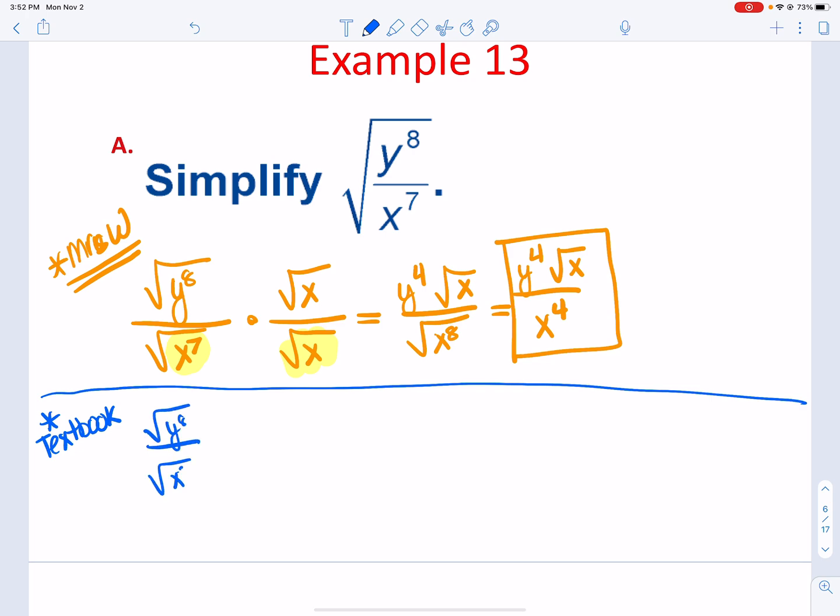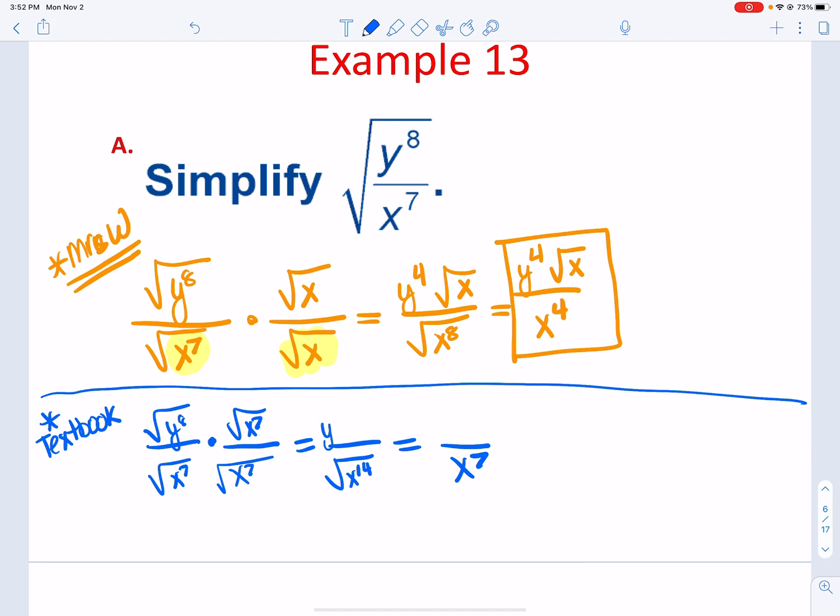If the bottom is the square root of x to the 7th, then they multiply by whatever the bottom is. So then you end up with the square root of x to the 14th on the bottom, which becomes x to the 7th. And if you're like, that's not the same answer. Well, it's not. I'm not done yet. That's the reason why I'm not a fan of the textbook one, but you can do it that way.